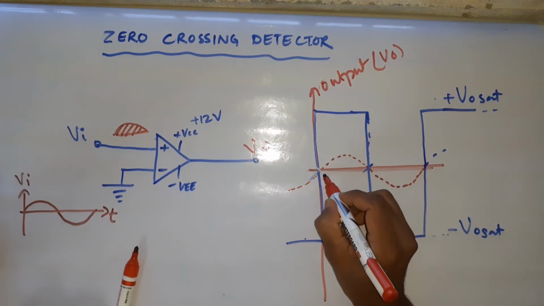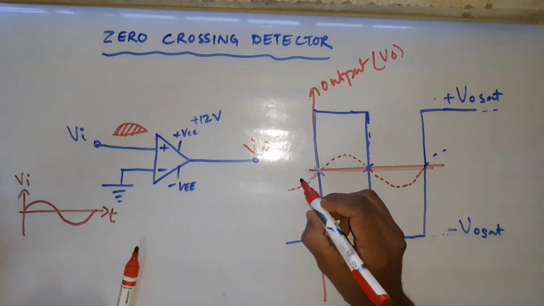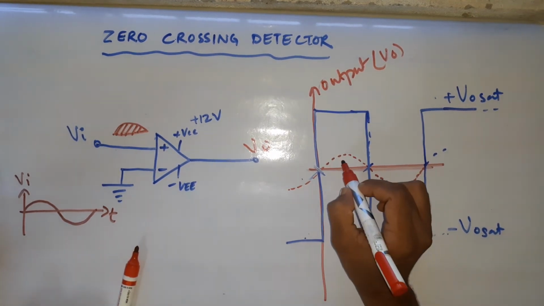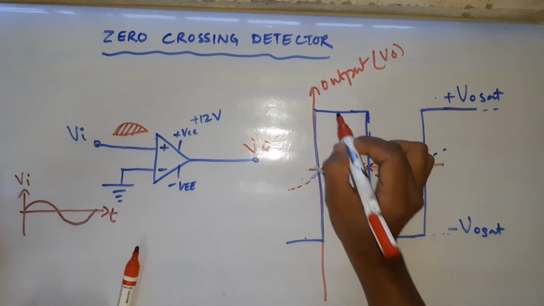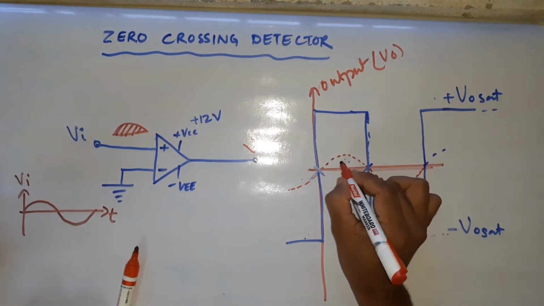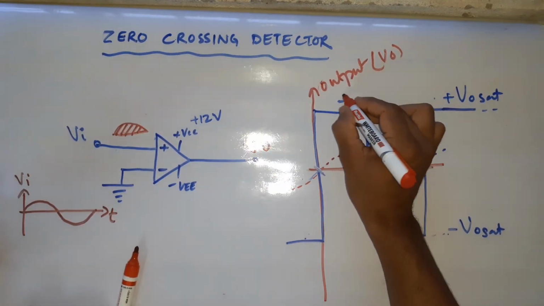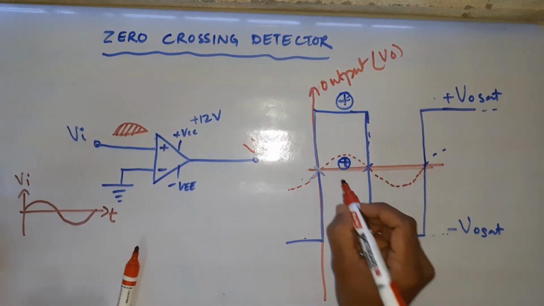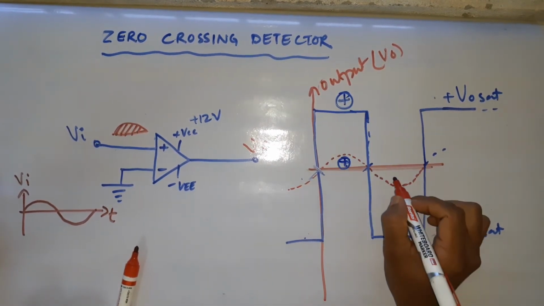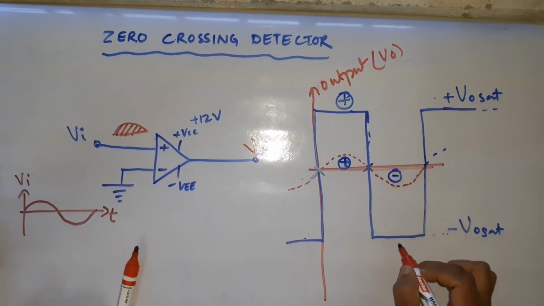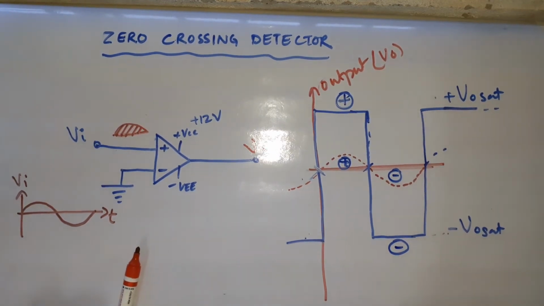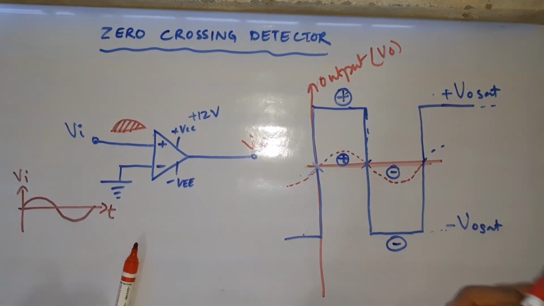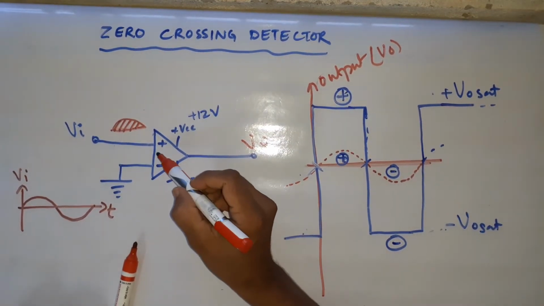When your input is negative, your output is going to be negative. When your input is positive, your output is going to be positive. For positive input, positive output. For negative input, negative output. Why? Because the input is given to the non-inverting terminal.